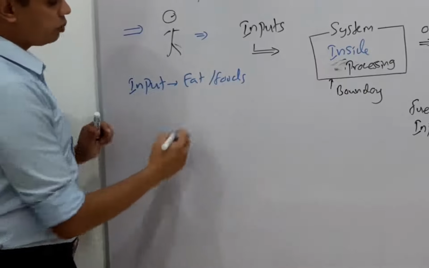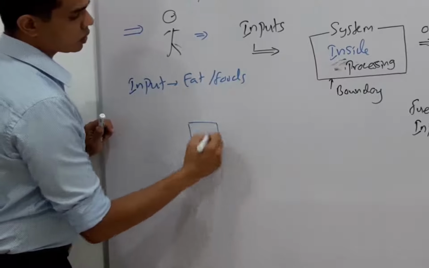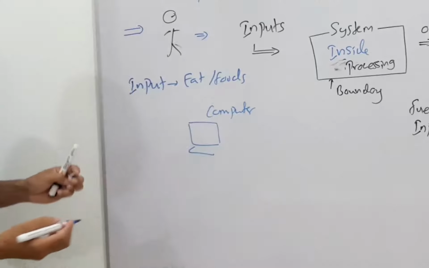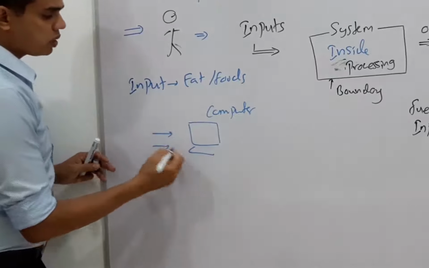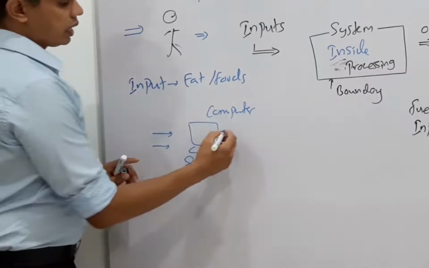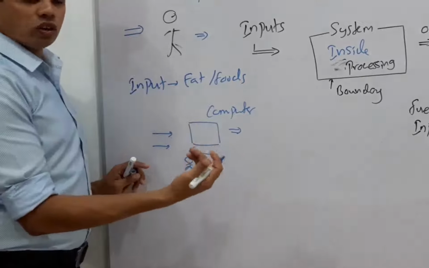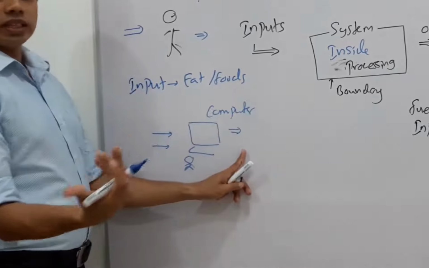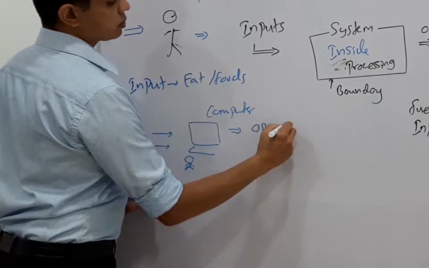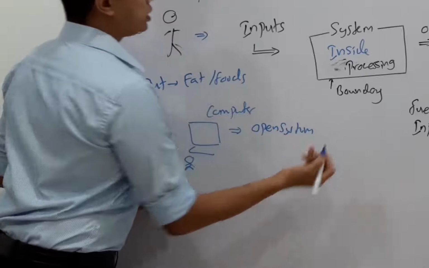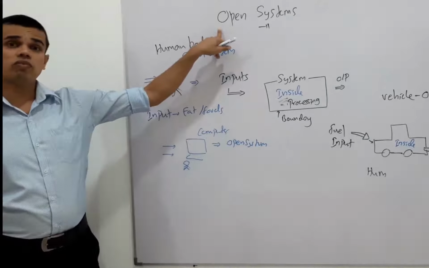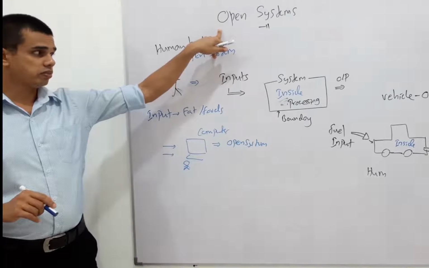If you go for the computer, is that open or closed? That's also open. Why? We have to give inputs by the user. The user is outside the computer. Then the outputs, the sound and video outputs, again are given outside the system boundary of the computer. So this is also an open system. Our general idea is that there are many open systems found in our surroundings.